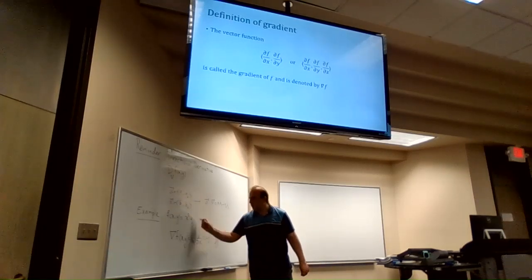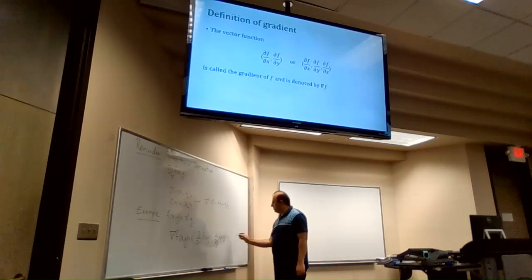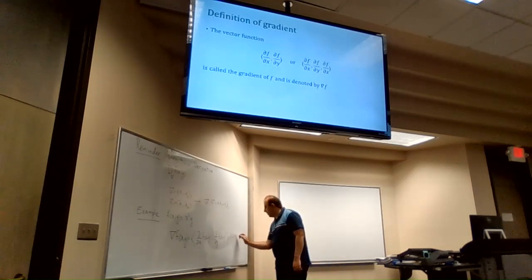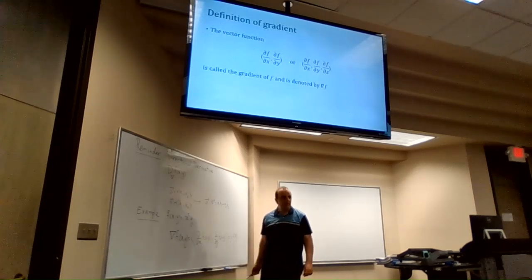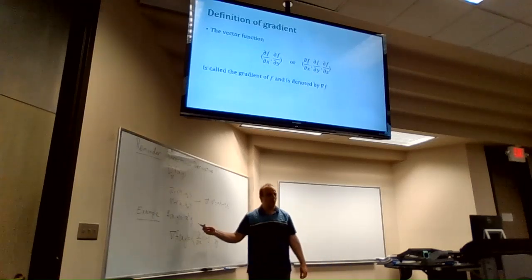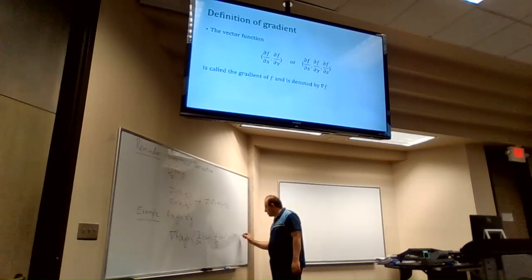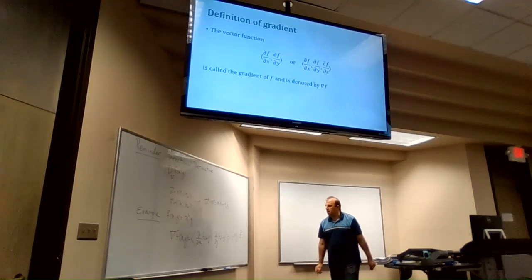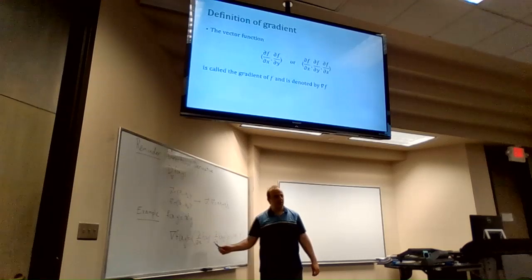Now, for the partial with respect to x, as you know, we view y as a constant. It's going to be 2xy. And for finding the partial with respect to y, we view x squared as a constant, so what is it going to be? Just x squared? Exactly, just x squared. So this gives us the gradient of the function at any point.